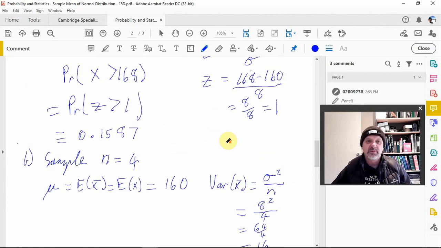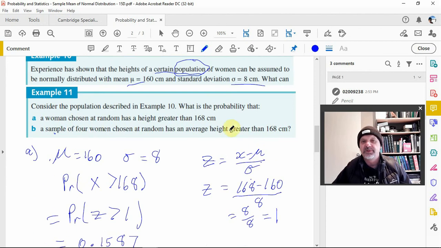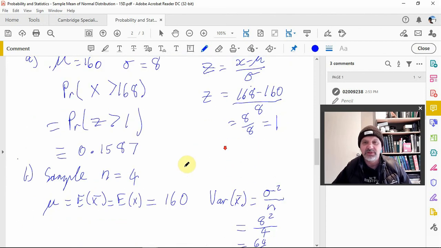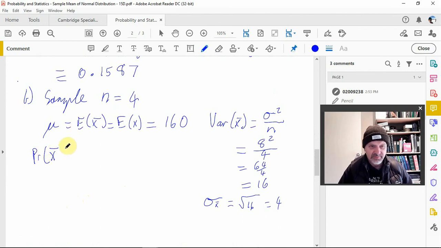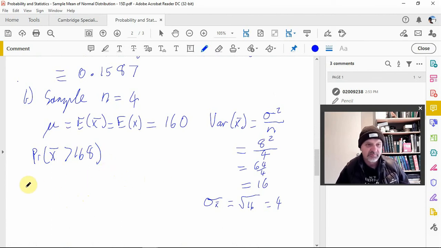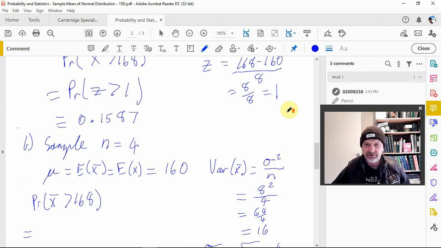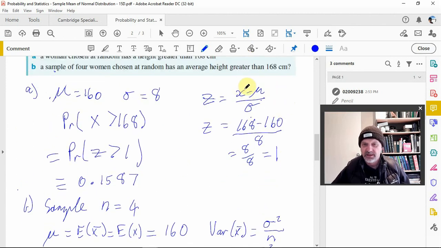So what were we after? We're after the probability that someone in our sample is greater than 168. Now we're going to use, of course, our go-to Z, and remember using that same conversion factor we did here.